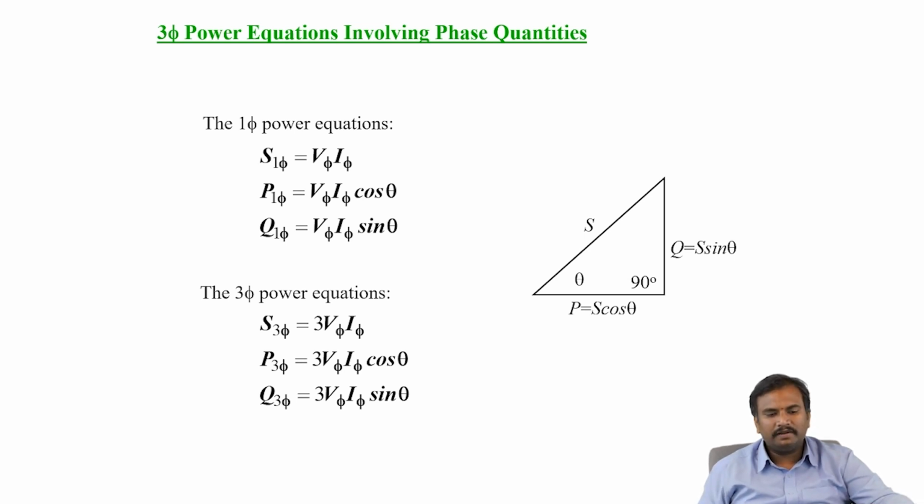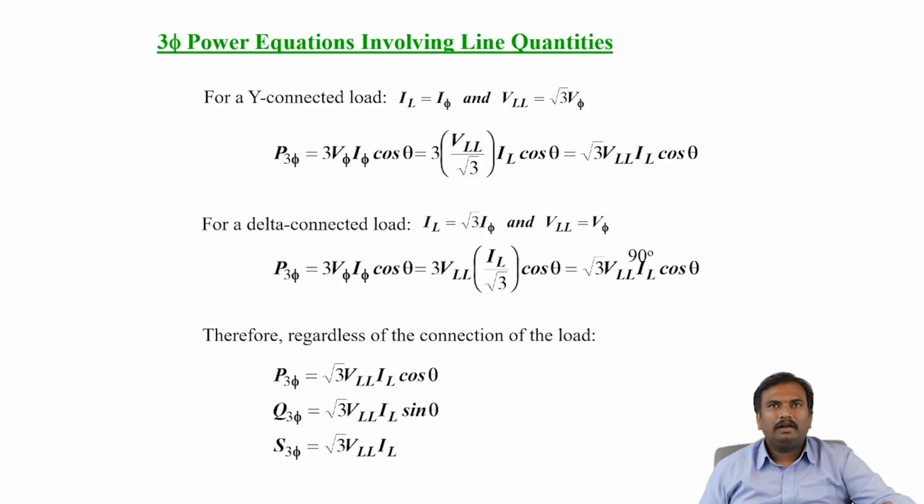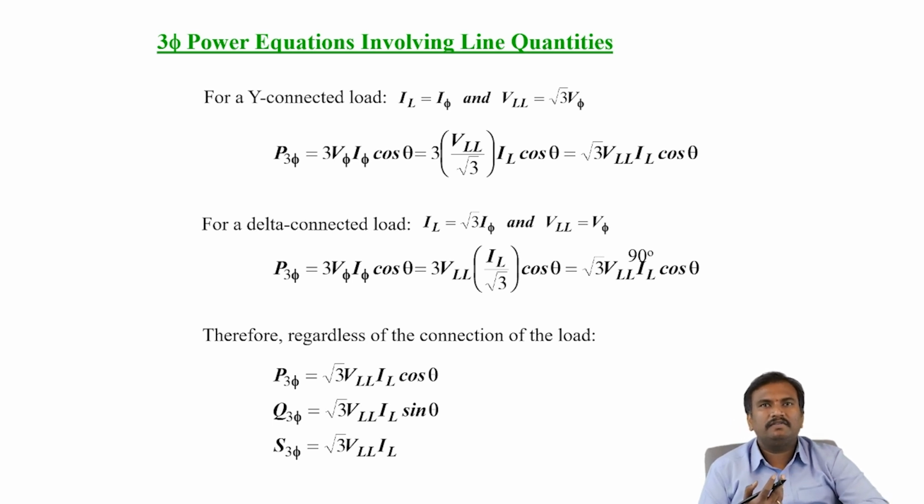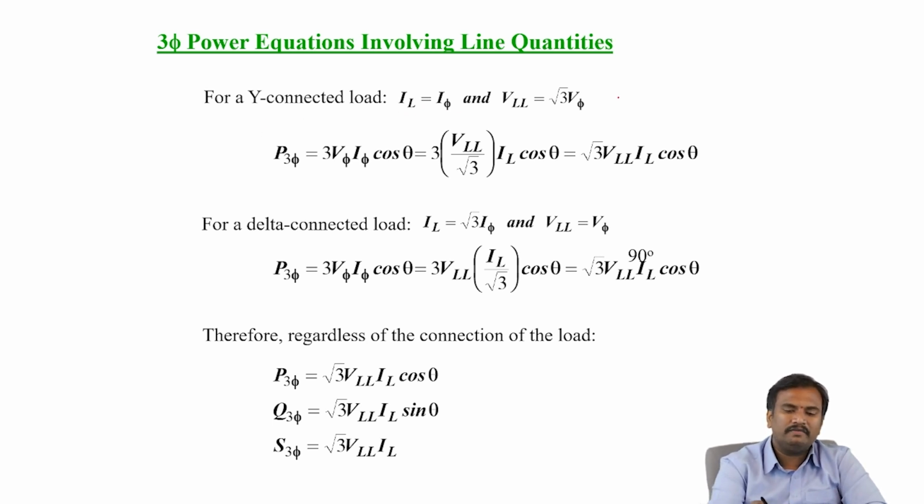So these are the single phase and three phase power equations. Whenever we want to go with the line voltages, for a star connected load, IL is equal to I phase and VL is equal to root 3 into V phase.